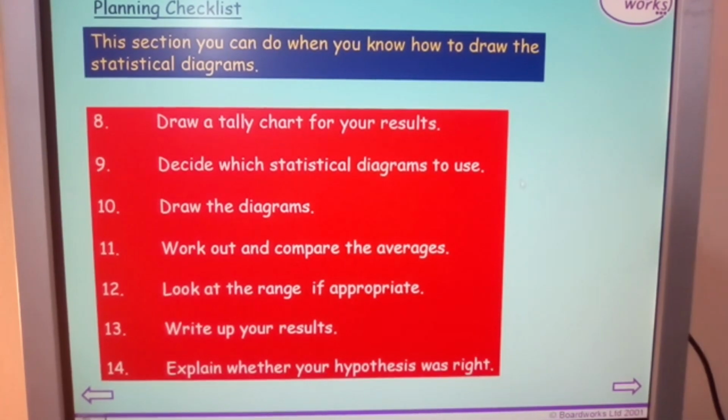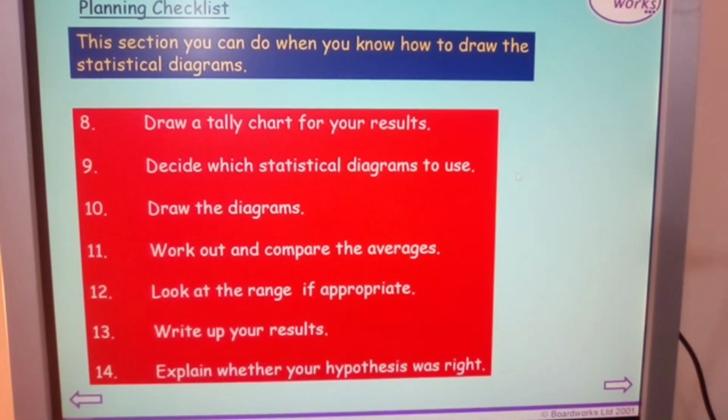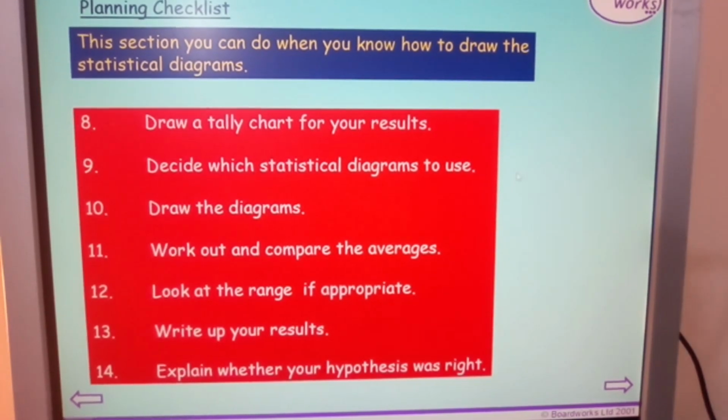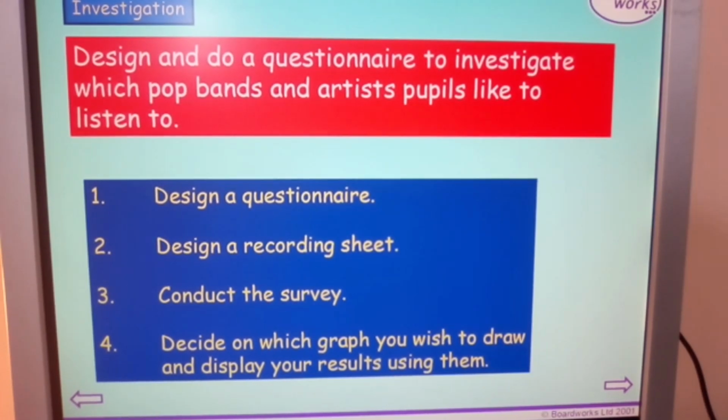You're going to be shown how to draw tally charts, and that should be common practice. Investigation: design and do a questionnaire to investigate which pop bands and artists pupils like to listen to.